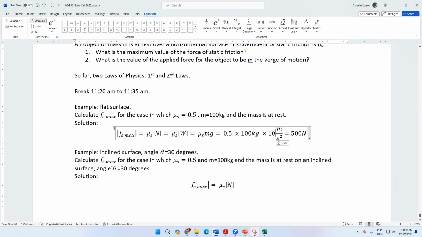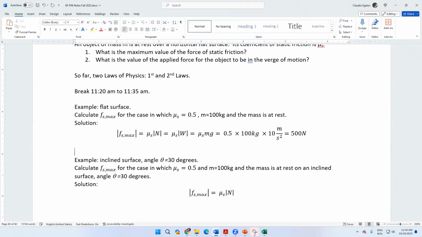Okay. Now let's compare with this other one. Another example. The only difference here is that the object is on an inclined surface, with 30 degrees inclination.